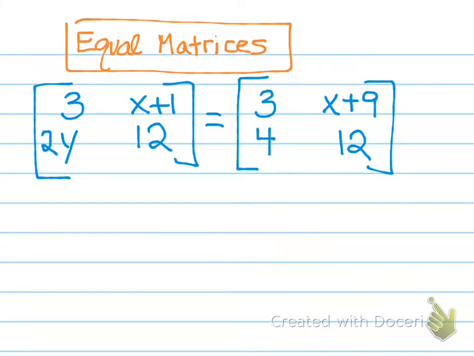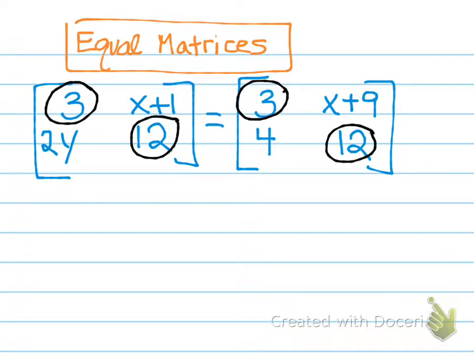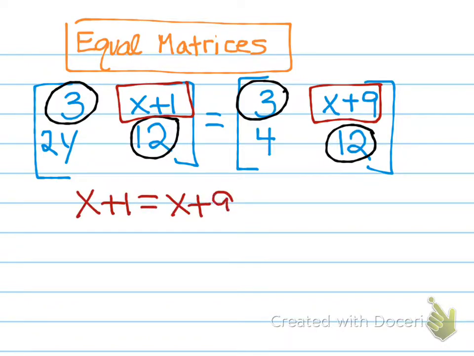We can also use the fact that if 2 matrices are equal and each element isn't given by just a number, notice how we have variables, since we know that they're equal, then each element position is also equal. So, if we need to solve for x, we know that x plus 1 equals x plus 9. So all we need to do is solve for x. I'm actually going to adjust this a little bit.